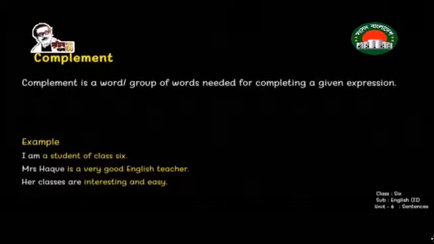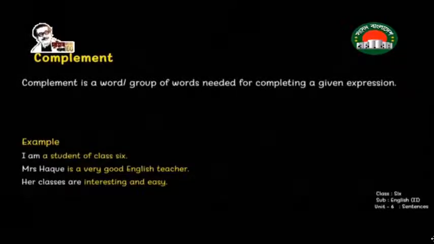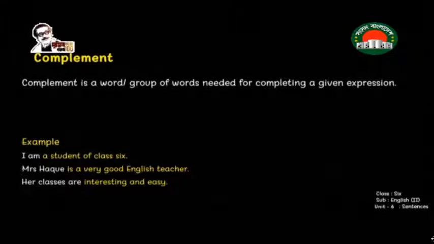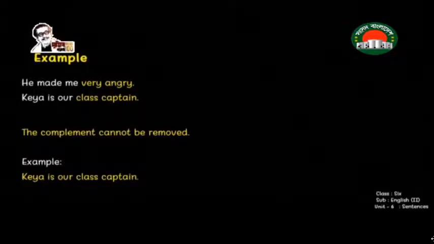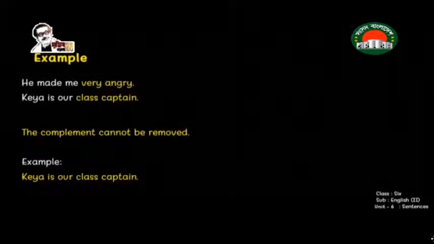In this example, her classes are interesting and easy. Here, interesting and easy is the complement. Remember, a complement completes the meaning of something. In these cases, it completes the meaning of the subject. Now, look at this example. He made me very angry. Here, very angry is a complement, though it is giving more information about the object me, because if you omit or remove this part, it will look like this: he made me.